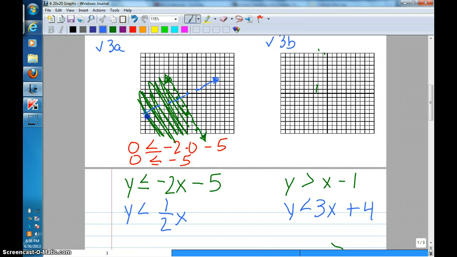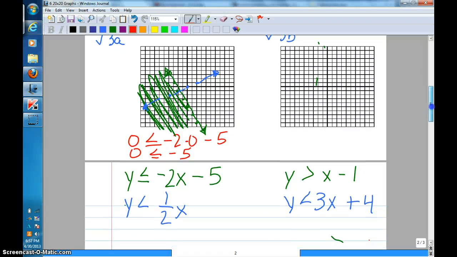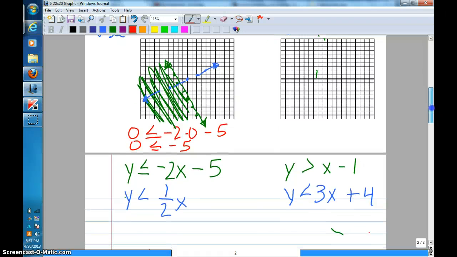Now on this, guys, I can't use the point 0, 0 because my y-intercept was at 0, 0. So you pick any point. It doesn't matter. I could pick the point 0, 2 here.